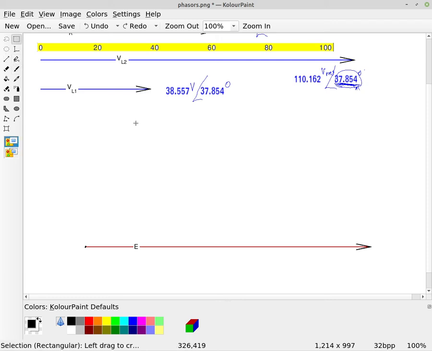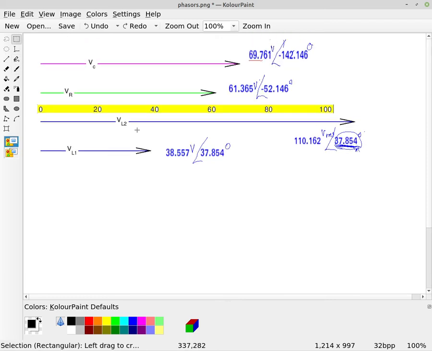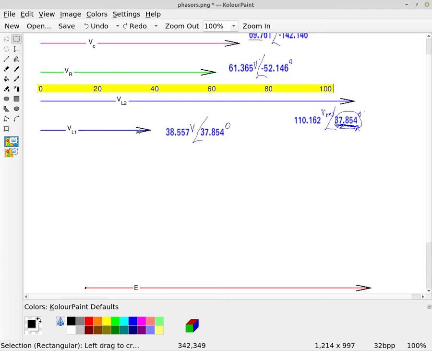Now, it really doesn't matter which one you add first. Let me go ahead and save this. And then we'll start off by adding the VL1 piece here.